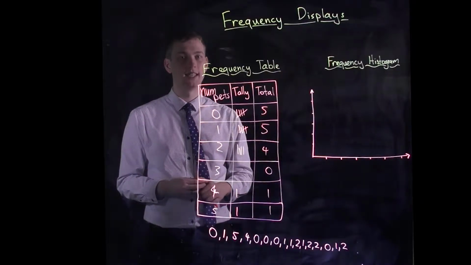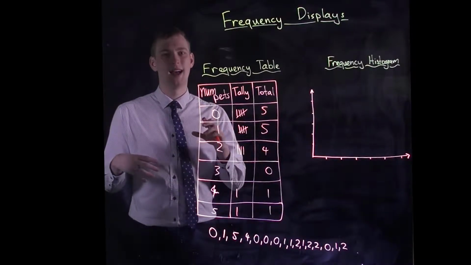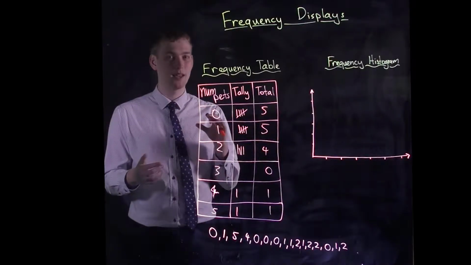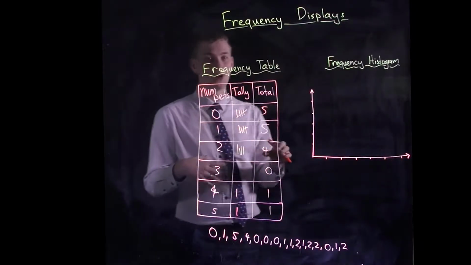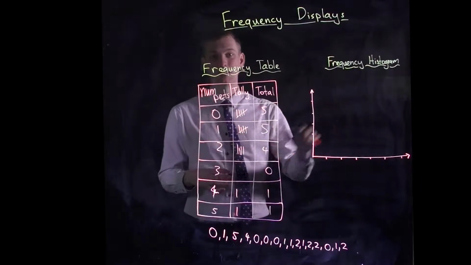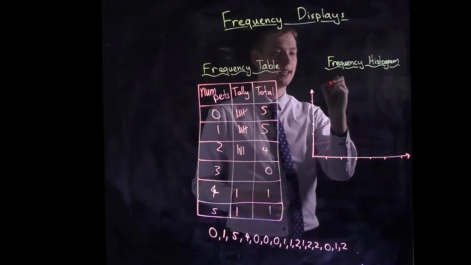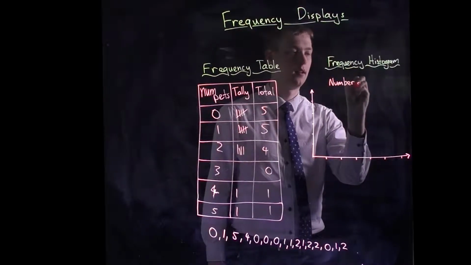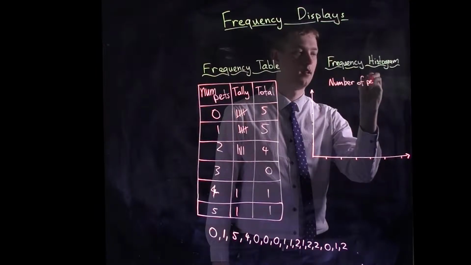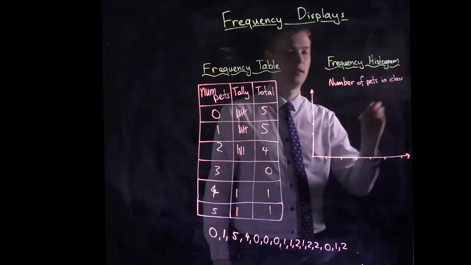Next, we're looking at a frequency histogram, and this is like a column graph, but there are some key differences, and we want to make sure that we really understand what we're doing here. So what we're going to do is first we're going to put our titles on. So our title here is number of pets in our class. Okay.